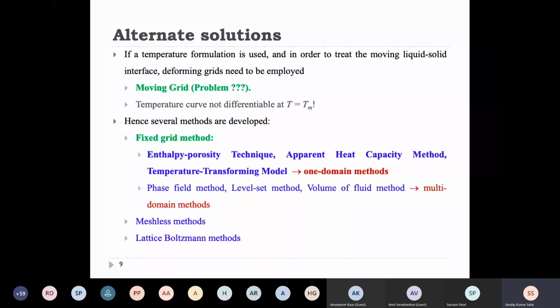You write the equation for the solid phase and liquid phase, and also for the melt front, in the form of an advection type of equation for level set and volume of fluid. You solve those equations, and then depending on the method you detect the interface. Mostly, level set or volume of fluid will again give you a diffuse type of interface.